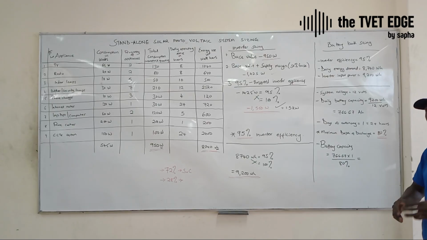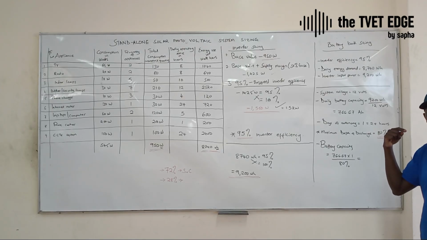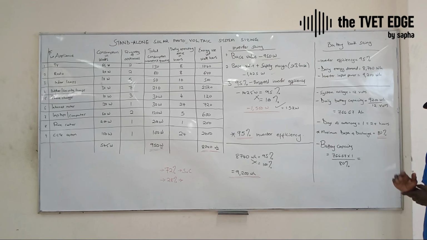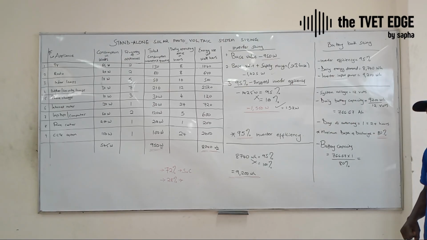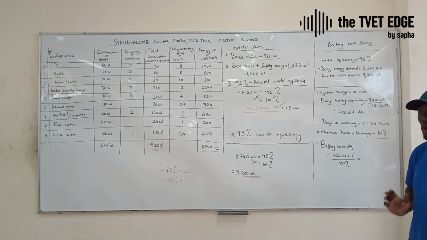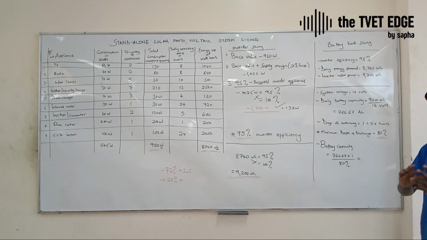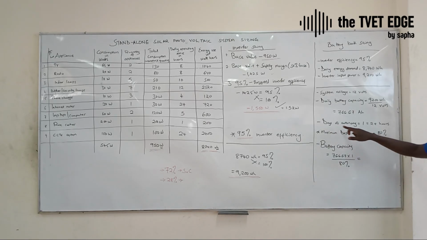Of course, if you are technicians and you say, I want a battery that can deliver 9,200 watt hour, you do it very fast at the back of your head if you are fast enough. If you are not fast enough, check your calculator, do it quickly, tell the technician what they need to hear. So we need 766.67 AH, but that is not the standard or the actual size of battery that we need. We still need to calculate more. The days of autonomy.